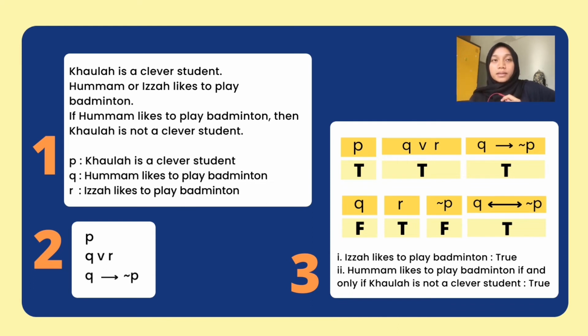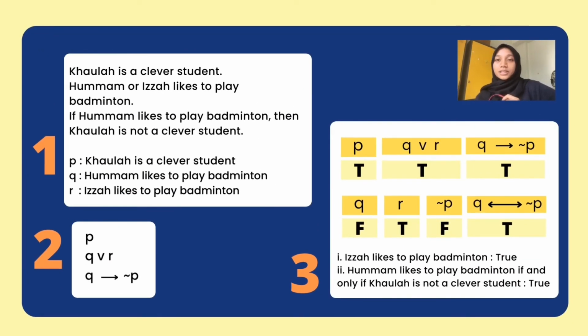So we can write the statements in symbolic form: the first is P, the second is Q or R, and the third is Q implies not P.